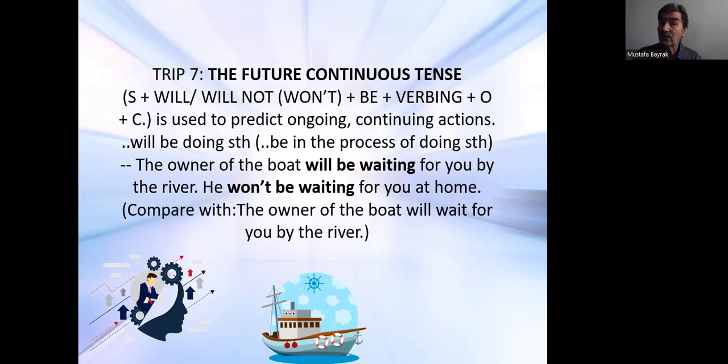He won't be waiting for you at home. Now let's compare it with: the owner of the boat will wait for you by the river. There is no continuity. There is no continuation. Okay?